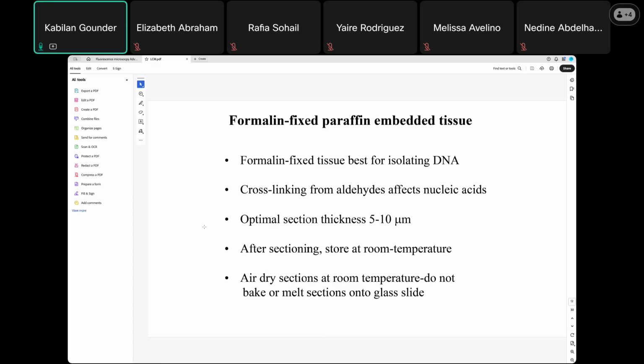After sectioning, we can store it at room temperature, not like the cryofixed cells. Once after section, when you take a paraffin sectioning, you can leave it at room temperature until further experiments.